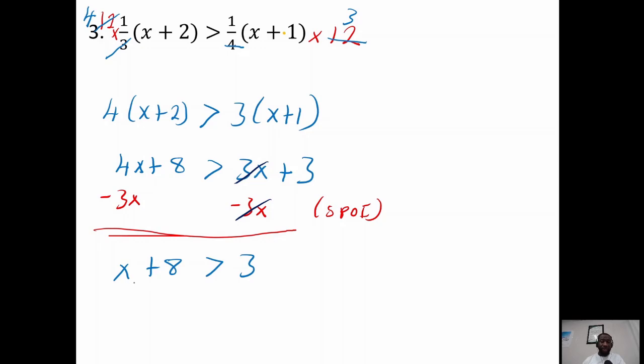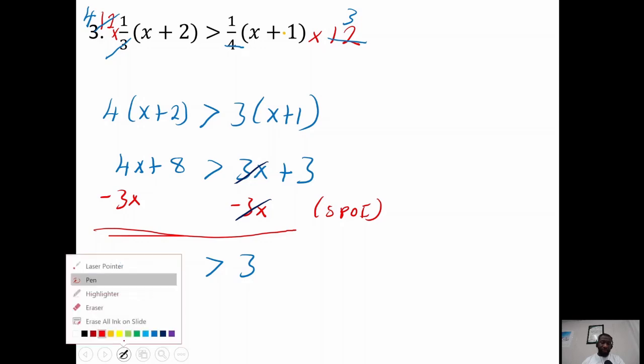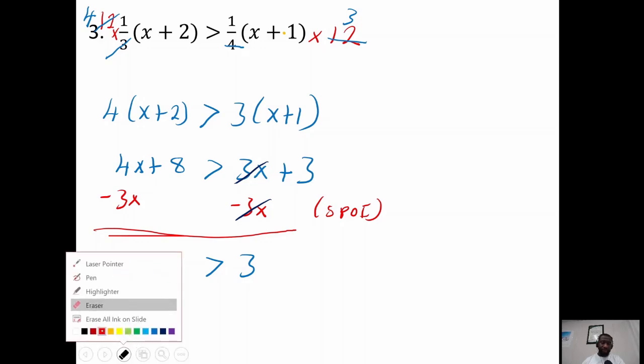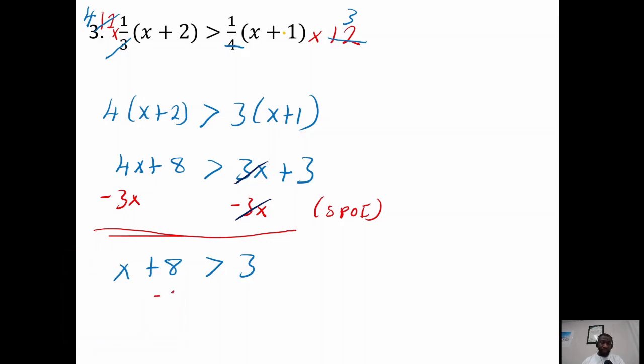Right? So if I want to get x by itself, then I have to subtract, because this is positive 8. So I just have to subtract 8 on both sides. I subtract 8 on this side, and I subtract 8, right?